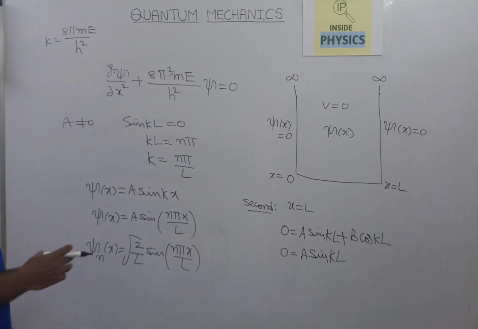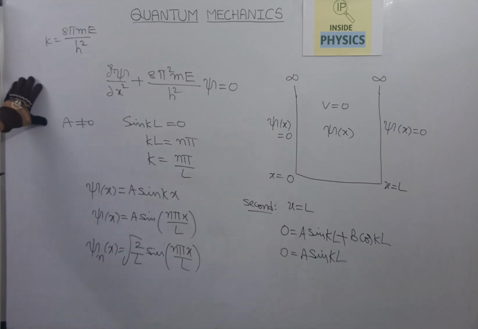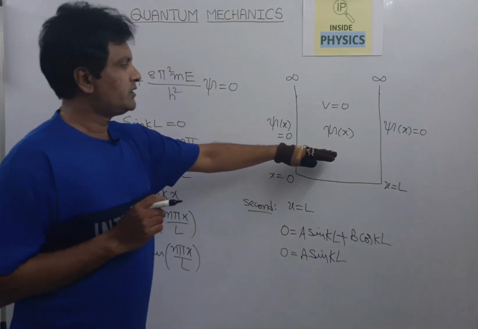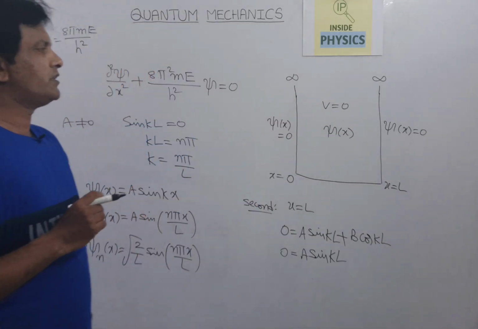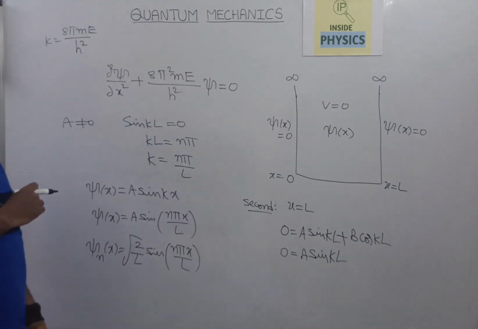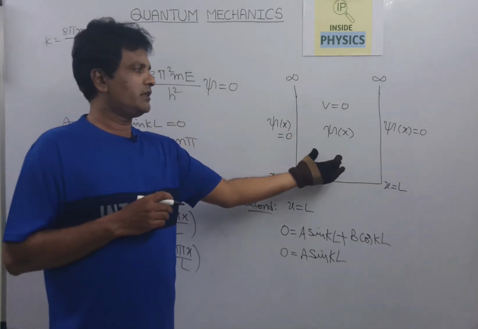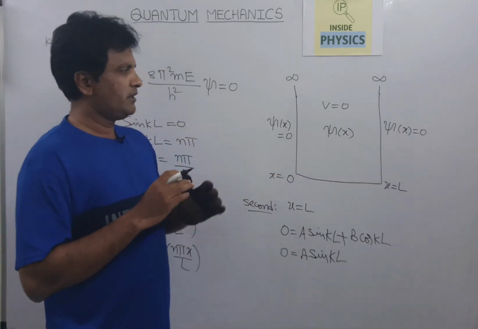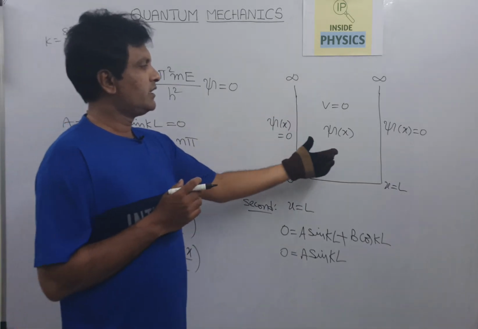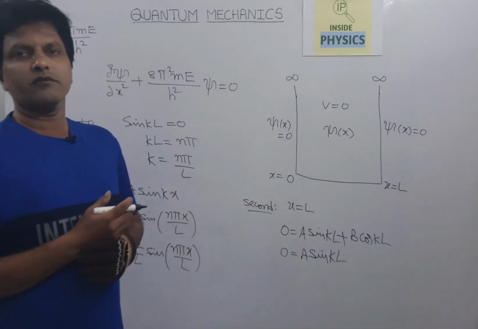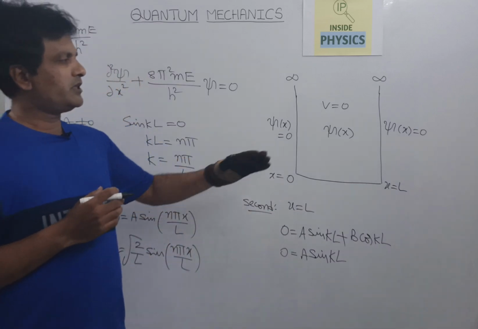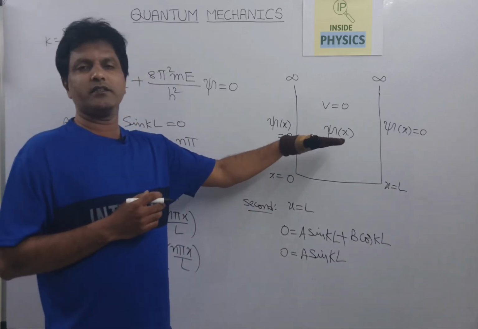Okay, so after this we will evaluate the energy of the particle which is moving inside the potential well. As per quantum mechanics, the bounded particle which is moving inside some boundaries cannot have all the values of the energy. So it must have only discrete energy levels.